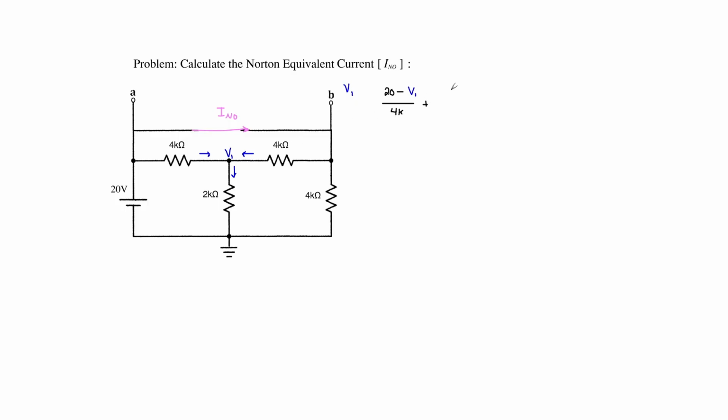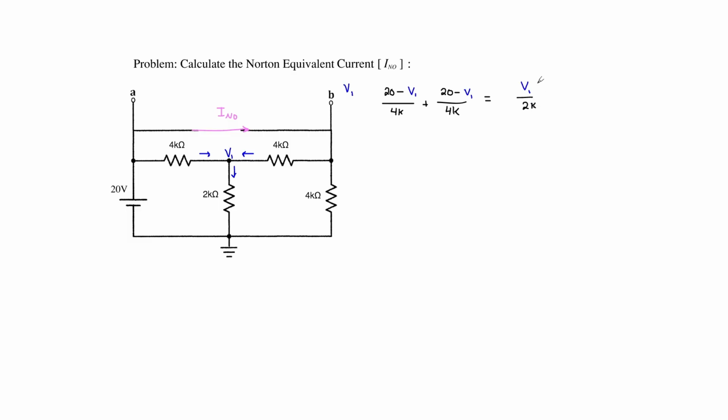plus the voltage of the second branch, which is also 20 volts less our node voltage divided by the total branch resistance. And these two will be equal to our node voltage, V1, divided by the resistance of the final branch, 2 kiloohms.